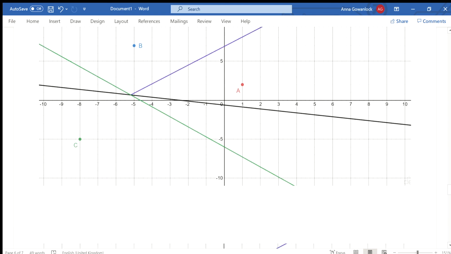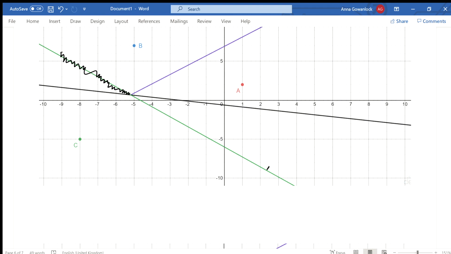So our green line is now intruding into this BC space. The black line is the BC, so we don't want this bit. And you can see that this black line is coming out this way and it's intruding in our AC. This line is dividing AC.